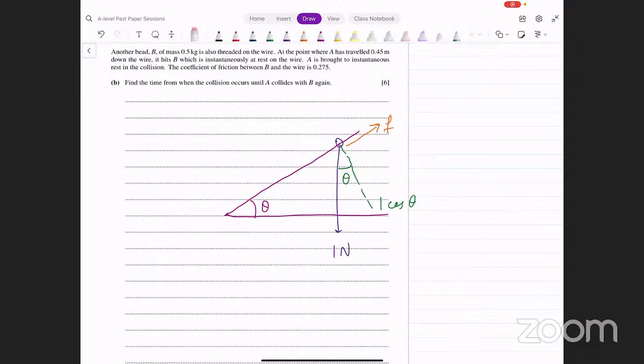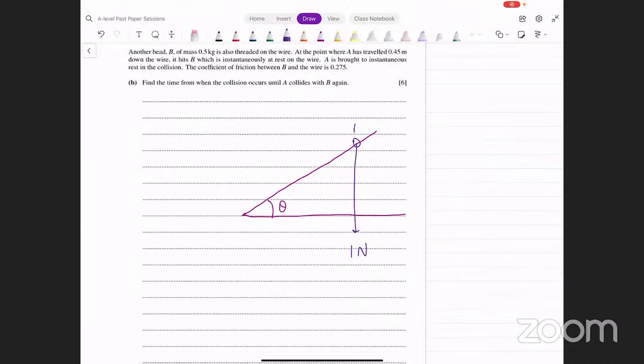Let's actually make it a bit smaller. This is fine. Okay, so this is the first bead. This is bead A. There's another bead that is somewhere here. This is, let's say, B.